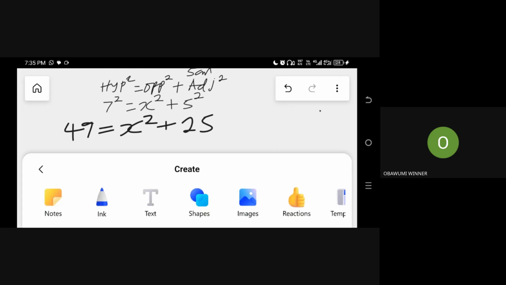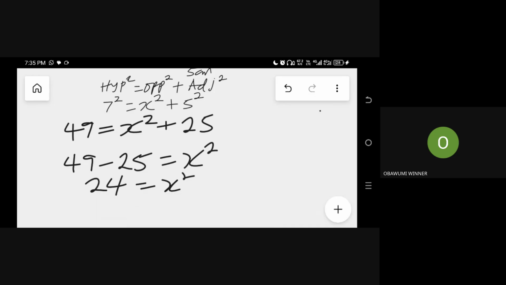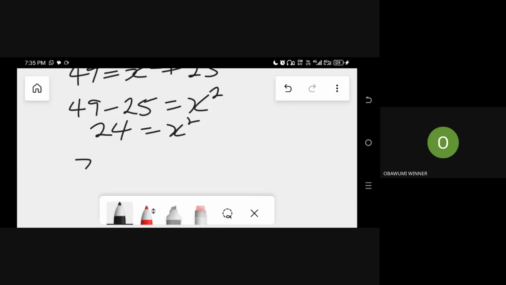When you collect the like terms, you have 49 minus 25 is equal to S squared. And this is 24 equal to S squared. Then to get the value of S, we find the square root of 24. So S would be the square root of 24.